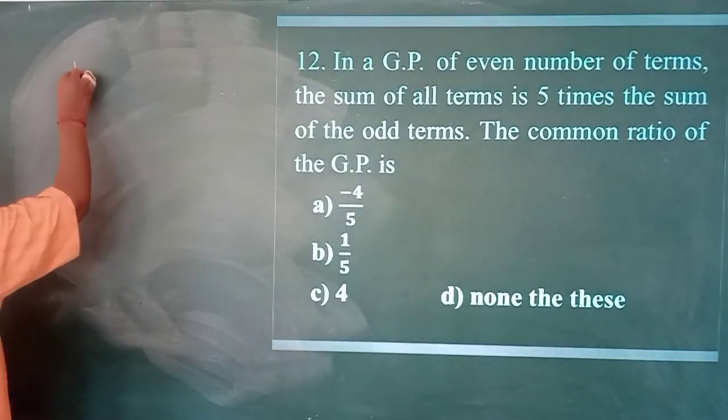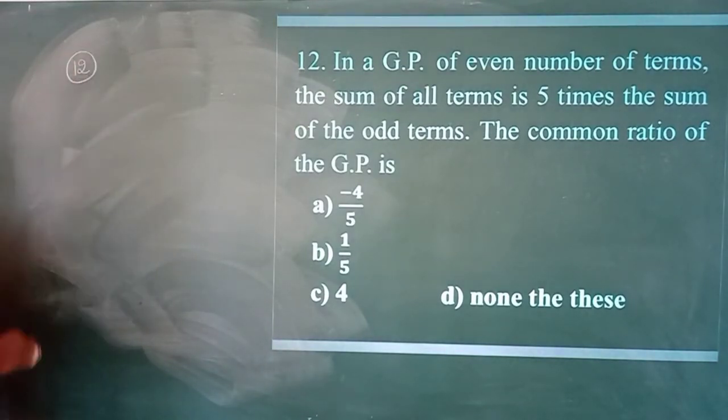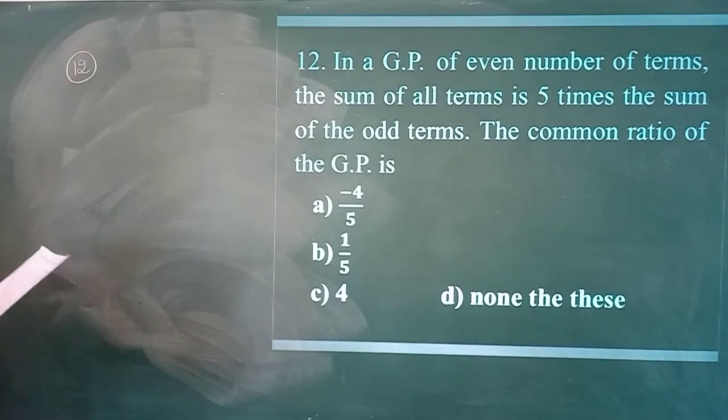12th one. In a GP of even number of terms, the sum of all terms is 5 times the sum of odd terms. Find the common ratio of the GP.